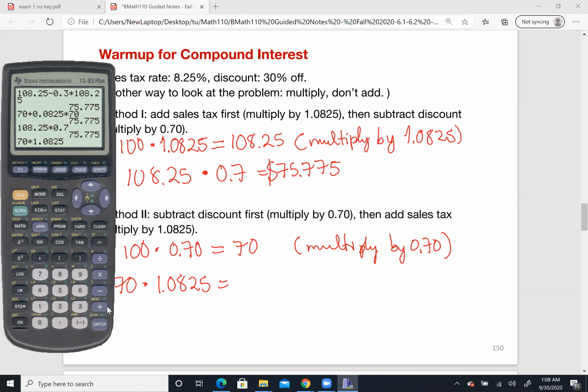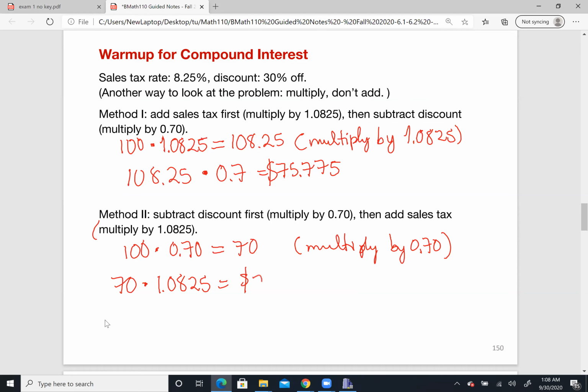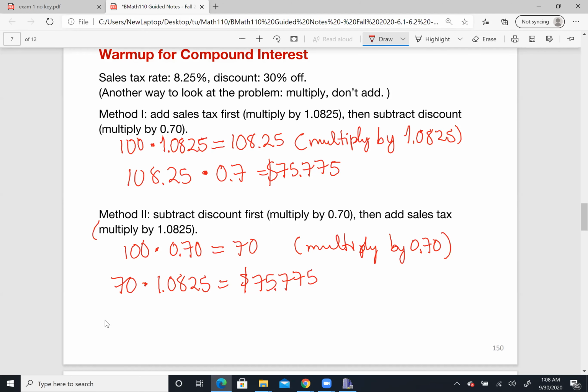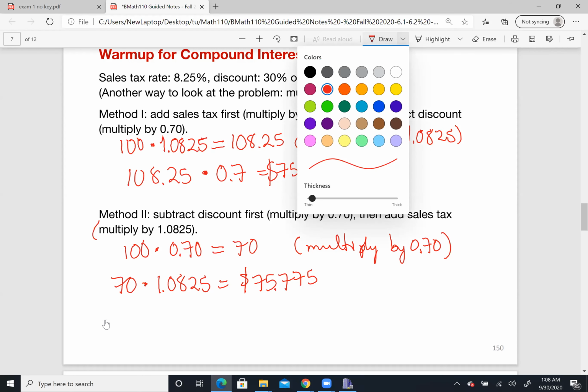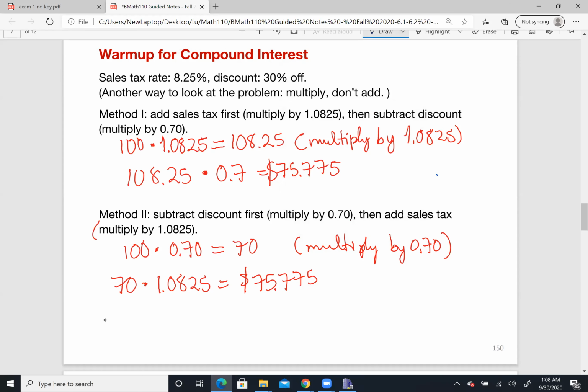I enter, and I have the same answer, 75.775.